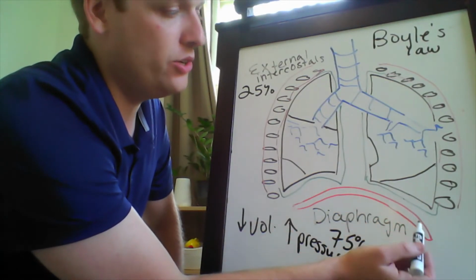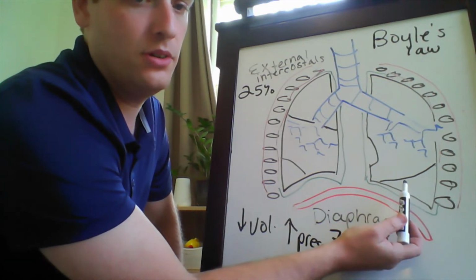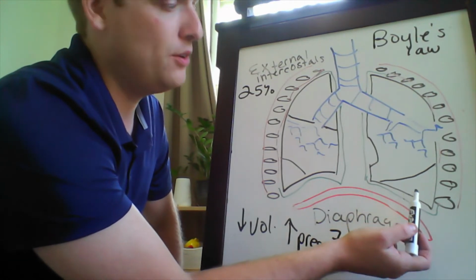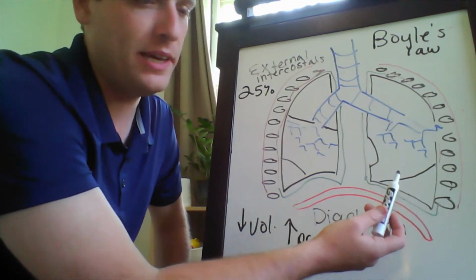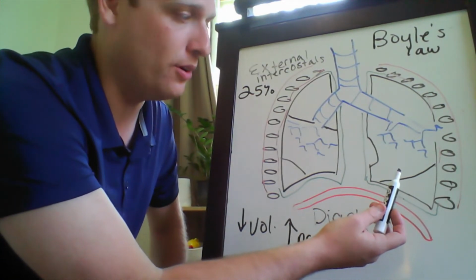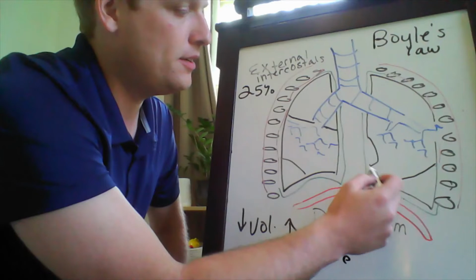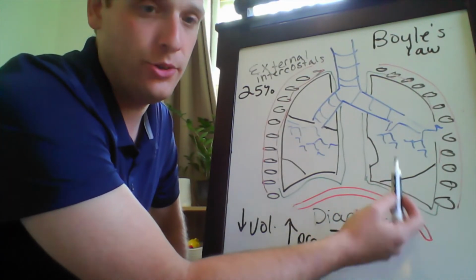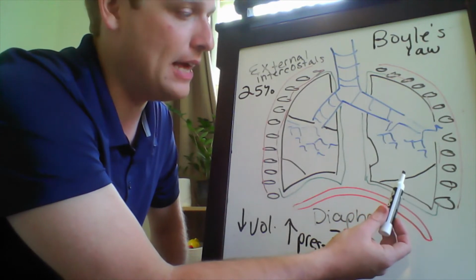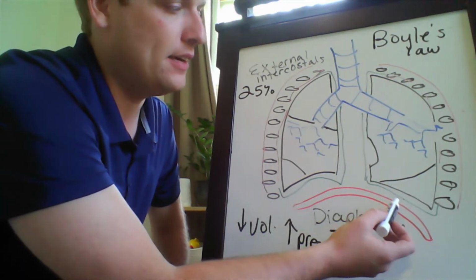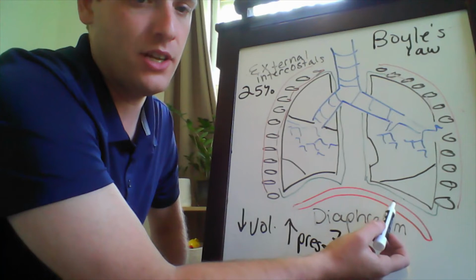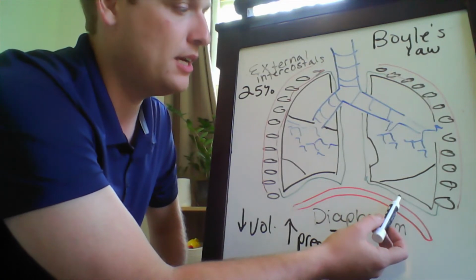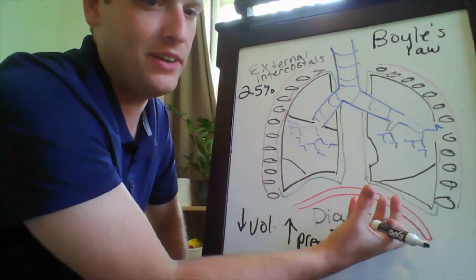Now, if you were to take a knife and jab through somebody's lung, you probably have heard of a collapsed lung before. The lungs are very elastic and they tend to want to collapse, but what keeps them from collapsing is the fact that these pleural membranes are stuck to the body wall, they're stuck to the lung, and they're stuck to one another. So that keeps everything stretched out.